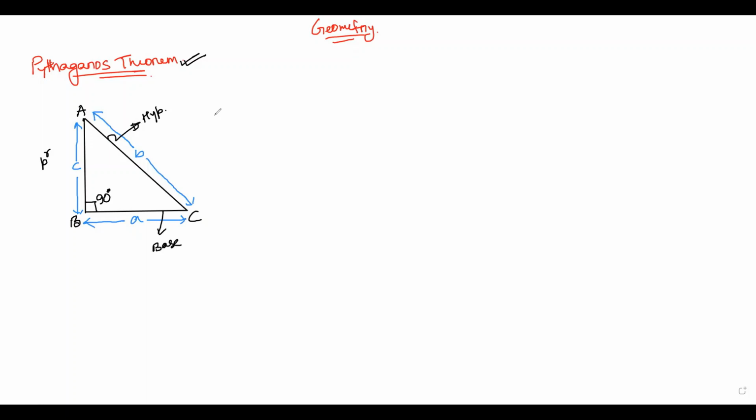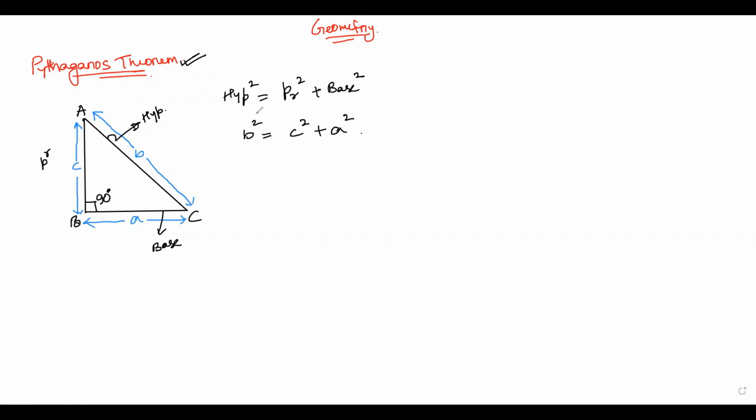Pythagoras theorem states that in a right angle triangle, hypotenuse square will always be equal to the sum of the perpendicular square plus base square. So for this triangle, we can write b square equal to c square plus a square.